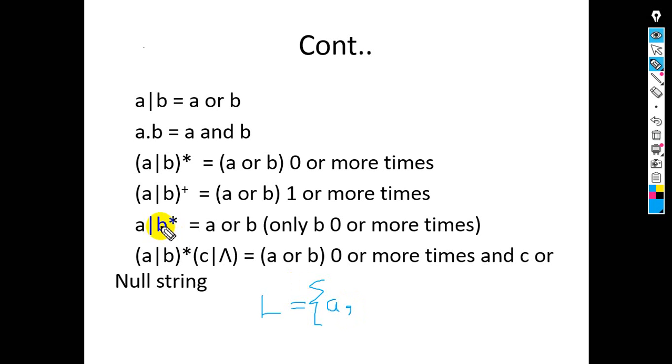So now this is for B star. For this we will write like this. B star will be just like this. Look at this.